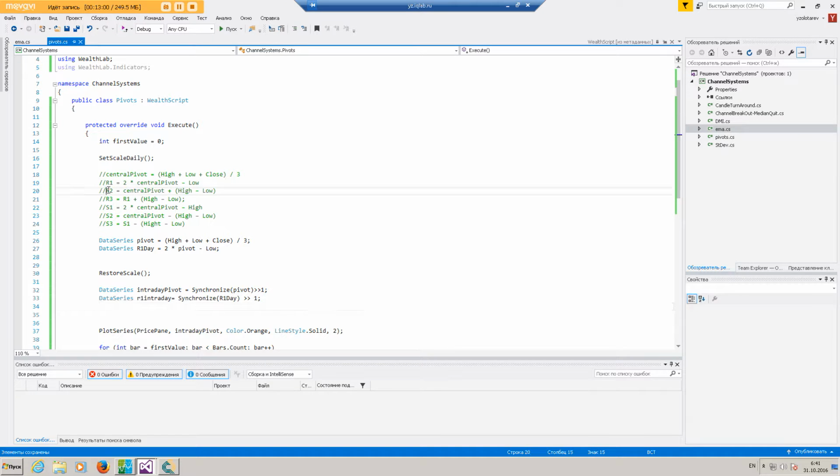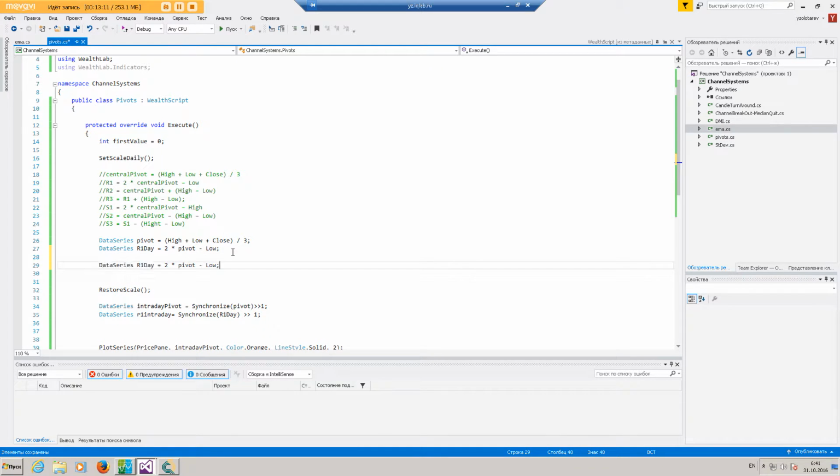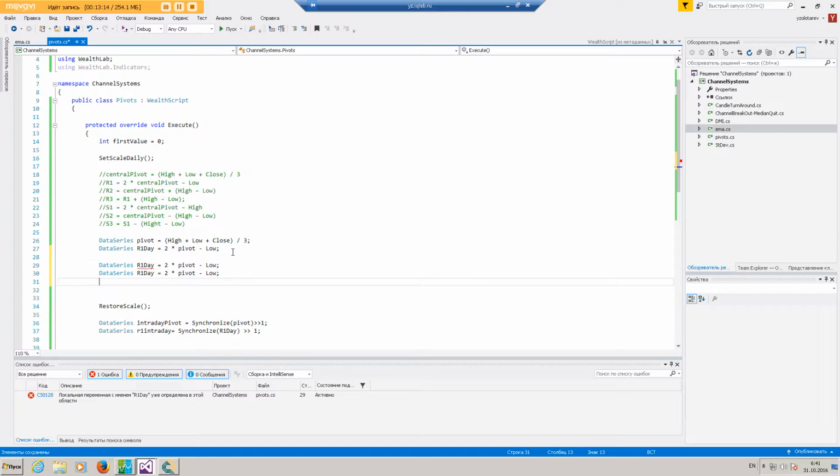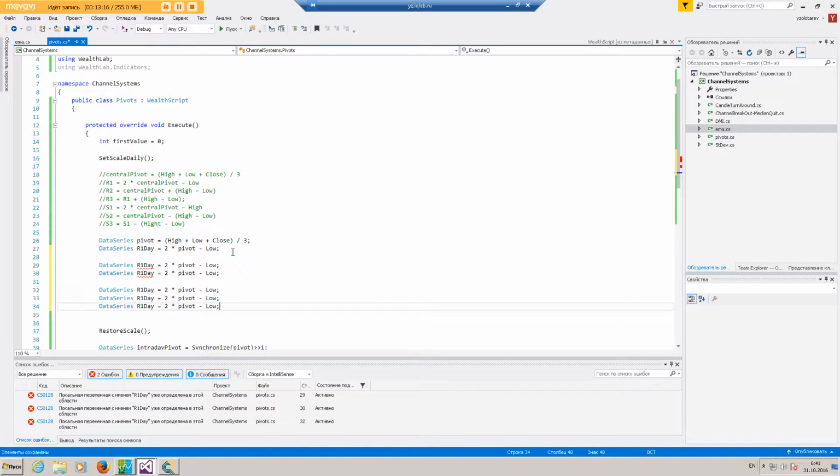Now R2. In fact, to make it faster, R2, R3, S1, S2, S3. Okay, and it's going to be R2, this is going to be R3, this is going to be S1, S2, and S3.